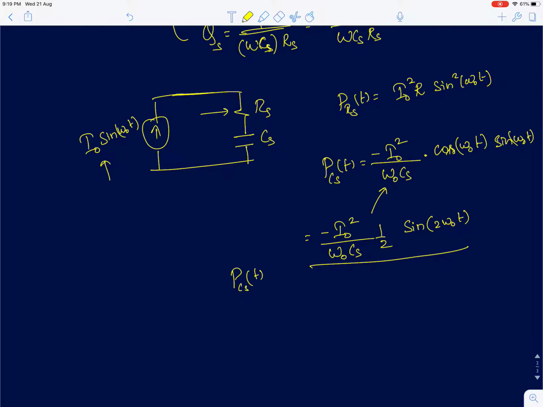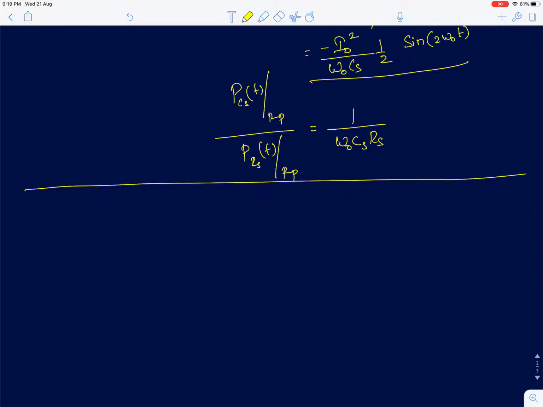So the net power dissipated in a single cycle is 0. So I'm going to take the peak to peak value of the power and then take the ratio for the series, the peak to peak value of the capacitor power to the resistor power, and I'll get 1 by omega naught Cs Rs. I'm sorry, it should be Rs there.